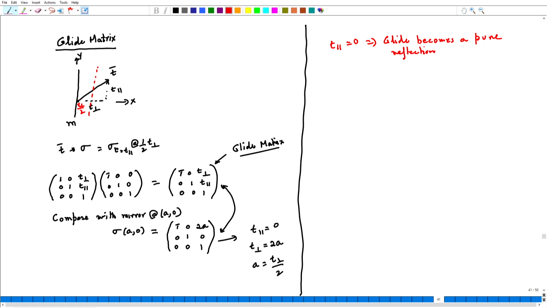Now, one last thing before I complete this lecture is, can t parallel be a lattice translation? You can pause the video here and give it some thought. Try to draw the glide plane along with the motifs, taking t parallel to be a lattice translation, and then try to come to a decision whether t parallel can be a lattice translation for glide.